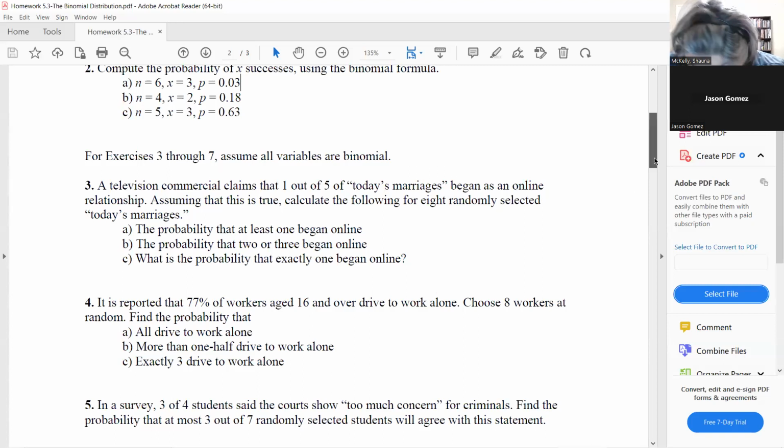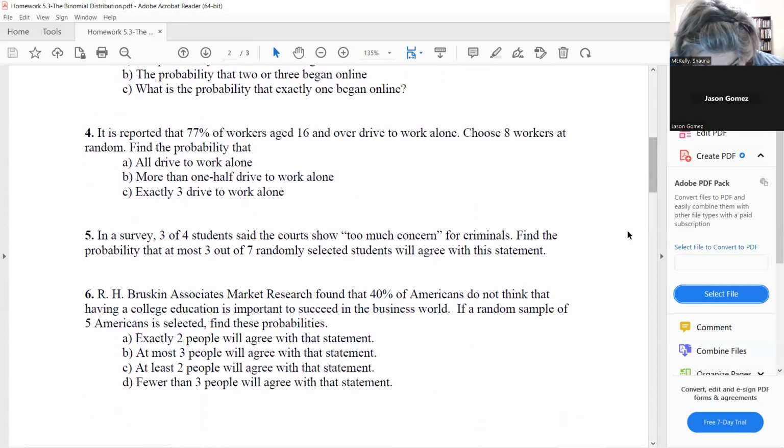Next question, number 5. In a survey, 3 out of 4 students said that courts showed too much concern for criminals. Find the probability that at most 3 out of 7 randomly selected students will agree with this statement. Okay.